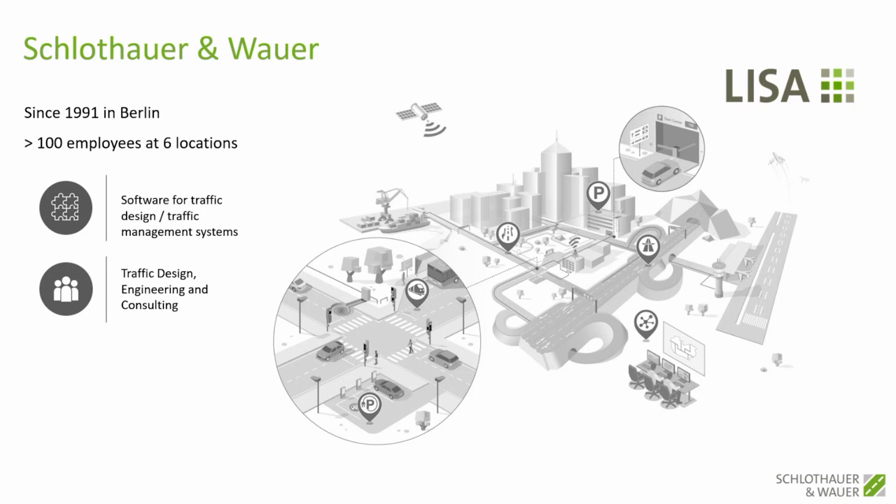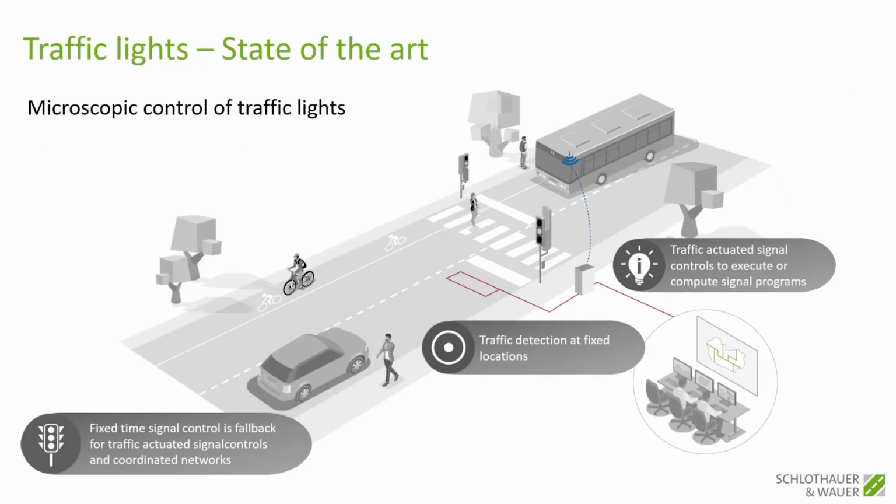So I just want to give a short introduction so we're all on the same page about what we're talking about here. What are we talking about when we're talking about CITS? CITS: communication in intelligent traffic management. If we look at the state of the art, or state of practice, in Europe and most countries where we're active, microscopic control of traffic lights is usually handled by local detection or radio messages for public transport priority.